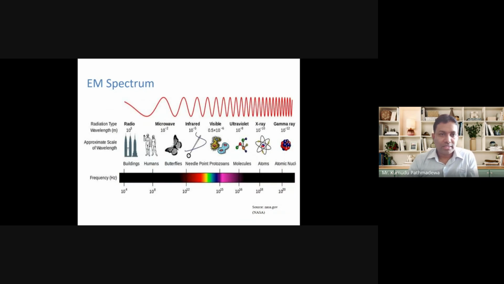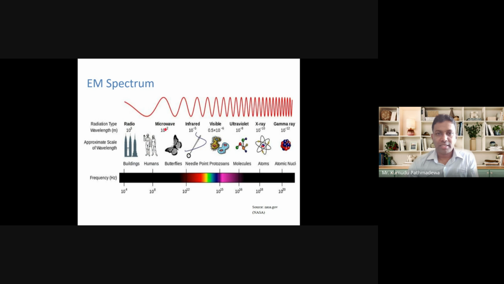So here you can see the image of the electromagnetic spectrum, with the size comparison also there. Here you can see the radio waves. It may be 10 to the power of 3 meters sometimes, a wave the actual size of a building, or a microwave, which is in the order of 10 to the power of minus 2.